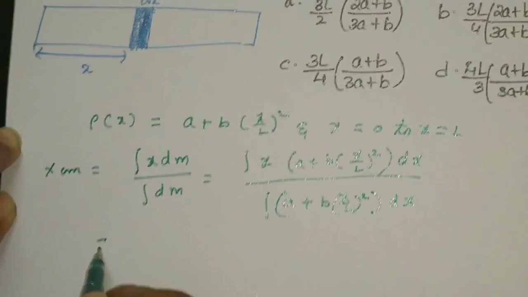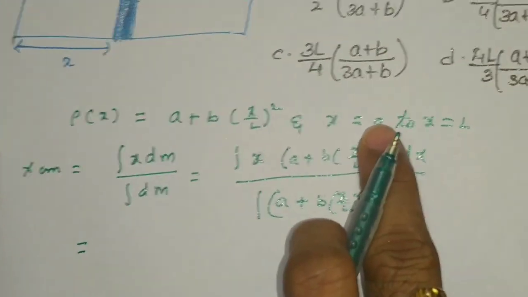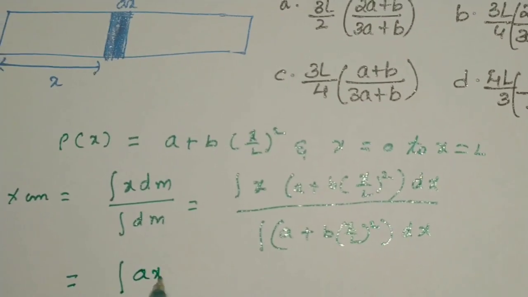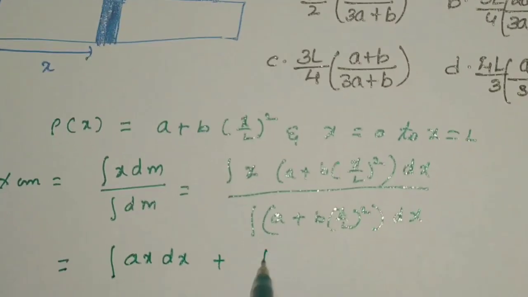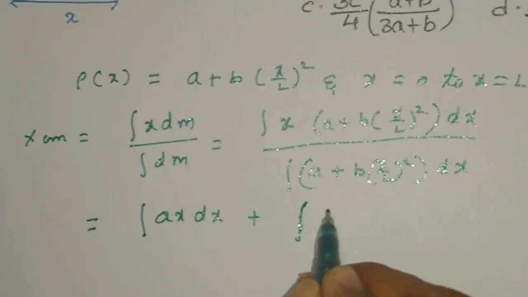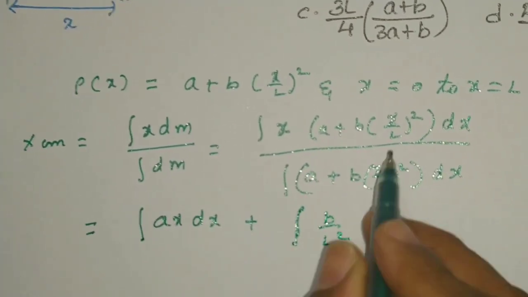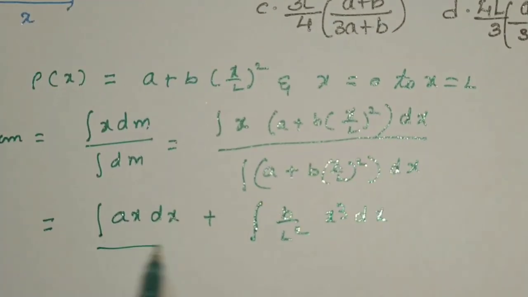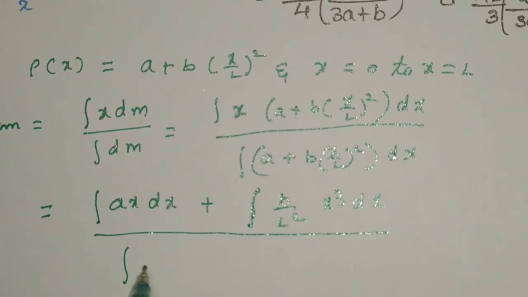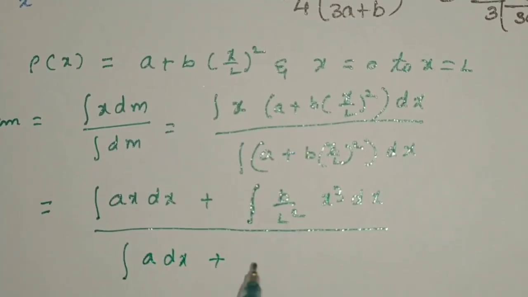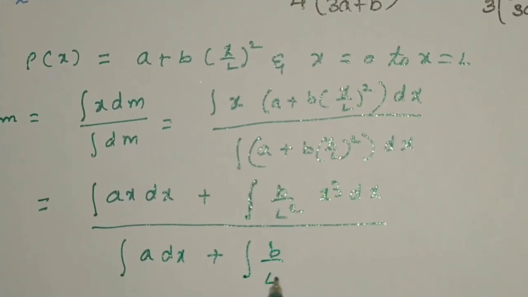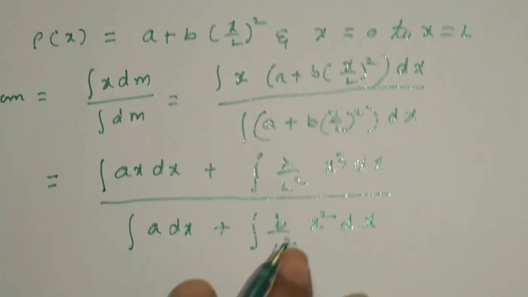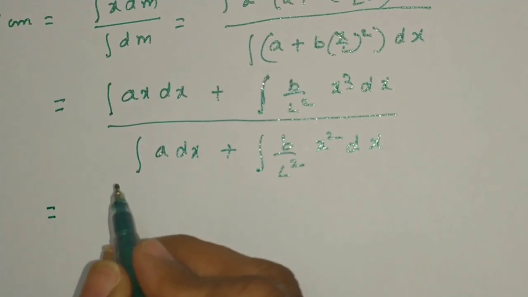Finally, after applying integration, we substitute the limits 0 to L. In the numerator, the first term is integral a x dx, plus the second term integral b by L squared times x cubed dx, divided by, in the denominator, integral a dx plus integral b by L squared times x squared dx. We use the limits after integration.